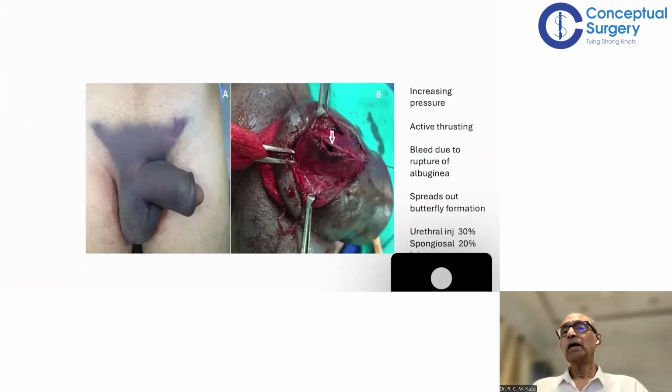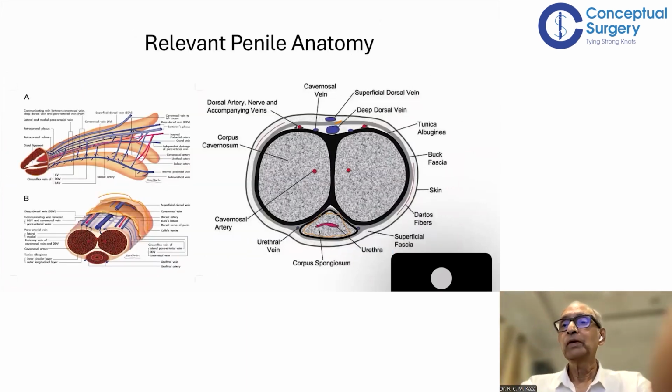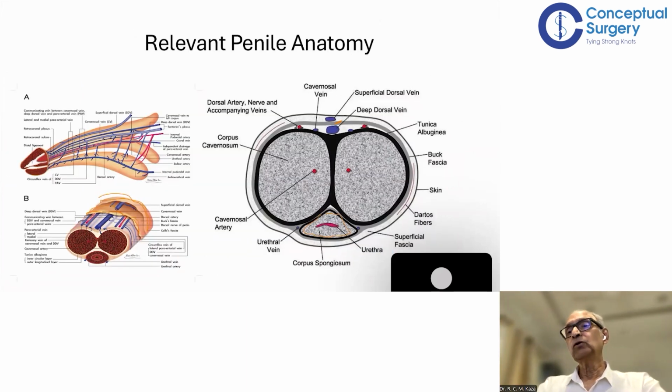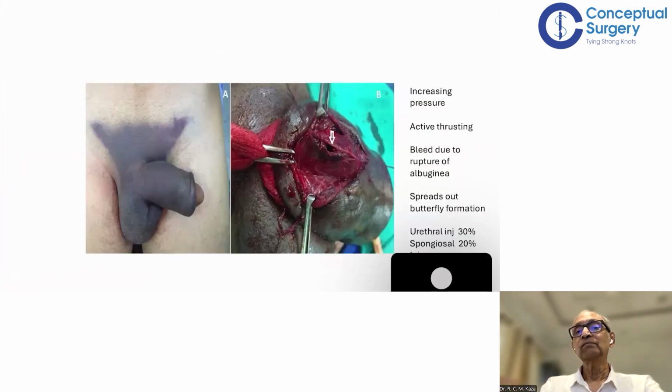Now, I have just now told you that I will talk about what happens just in case the Colles fascia is breached, right? So now this is what happens. Colles fascia is breached, the blood as well as urine, if the urethra has been injured.